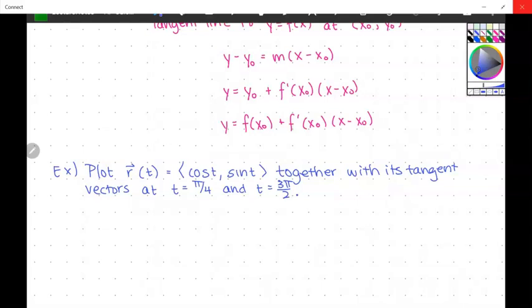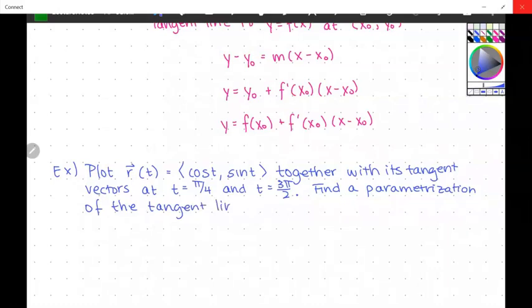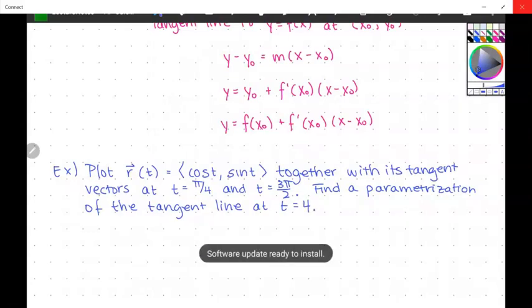Then we're going to find a parameterization of the tangent line at t equals 4. So we'll see a little bit of a difference between the tangent vectors and the parameterization of the tangent line.